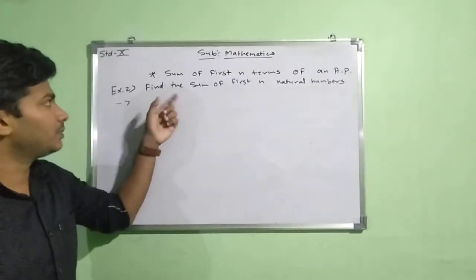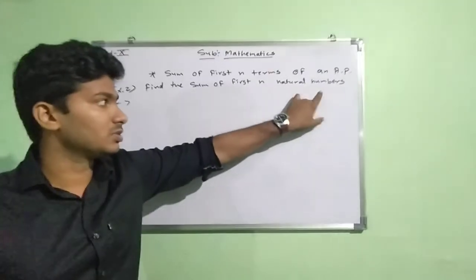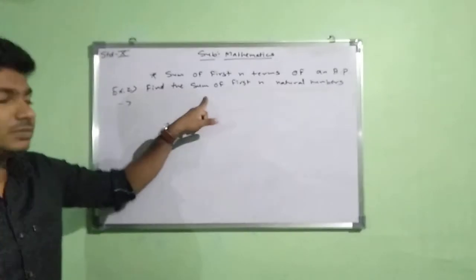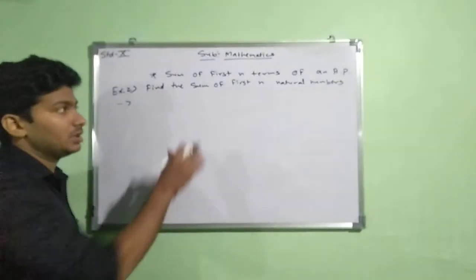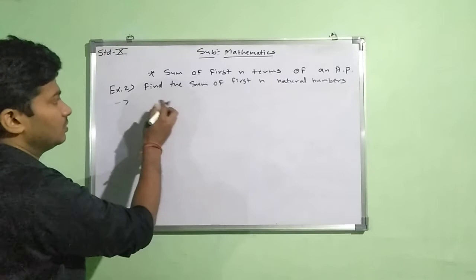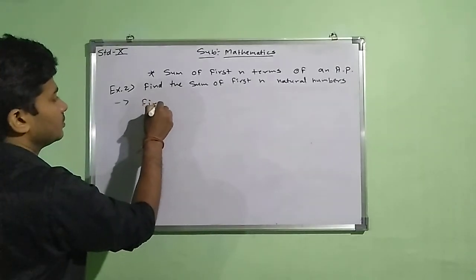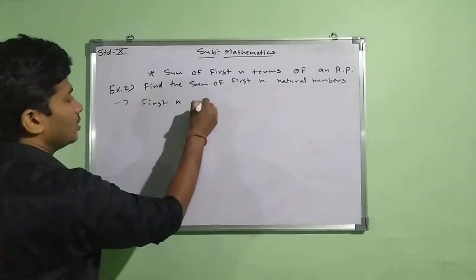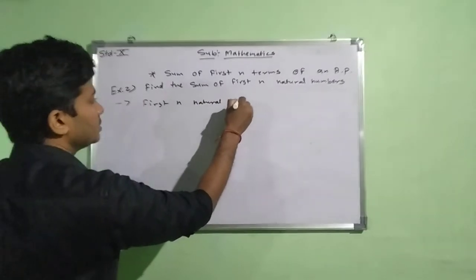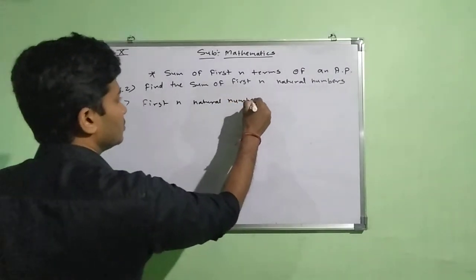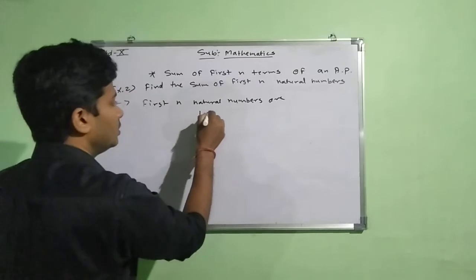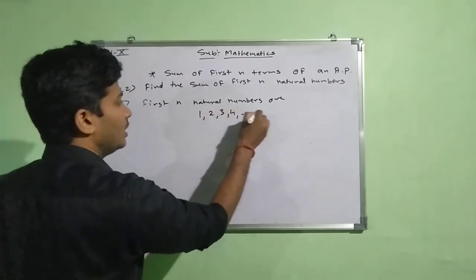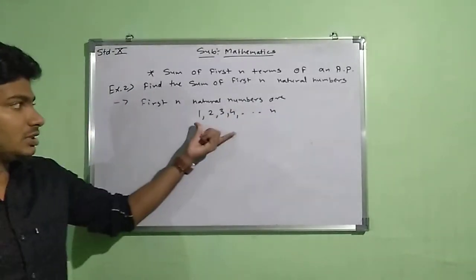Now the second example: find the sum of first n natural numbers. For finding the sum, first we need to write the arithmetic progression. The first n natural numbers are 1, 2, 3, 4 and so on.